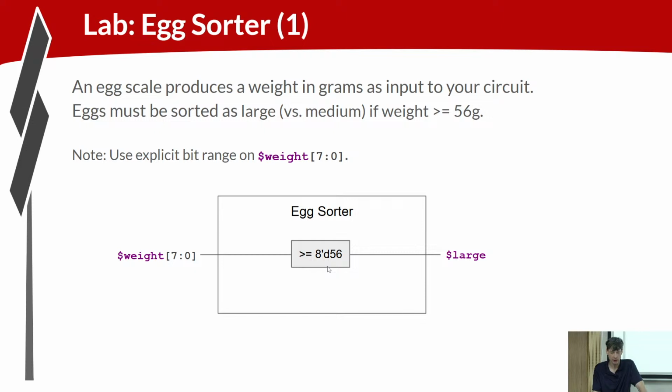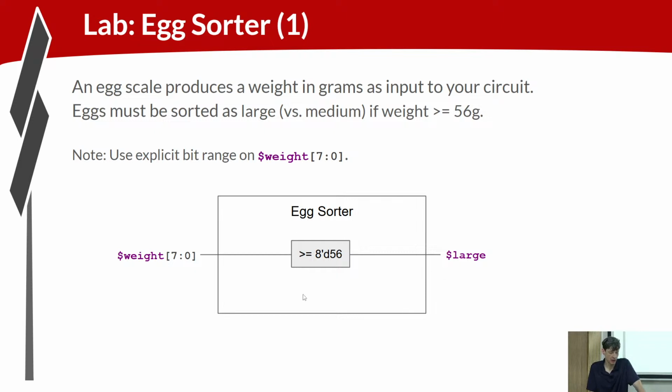I asked ChatGPT what the size was for a large egg, and it said 65 grams or more. So you want to take in the input weight and see if it's greater than or equal to 65 grams. If so, assert this output signal large, otherwise don't.